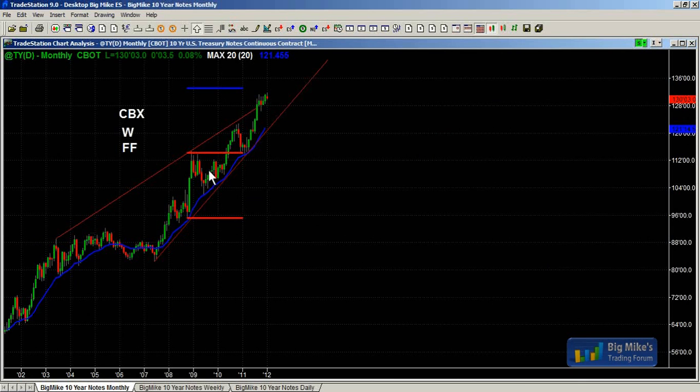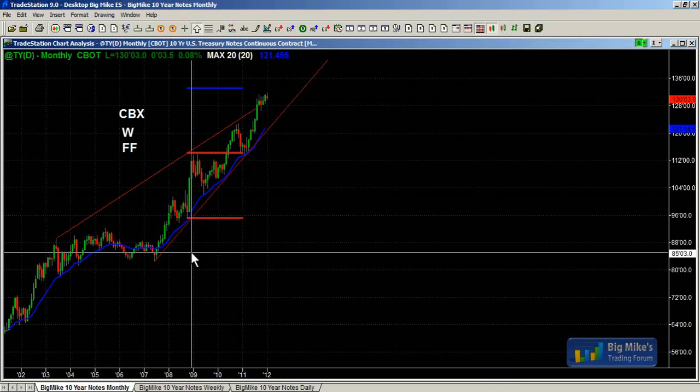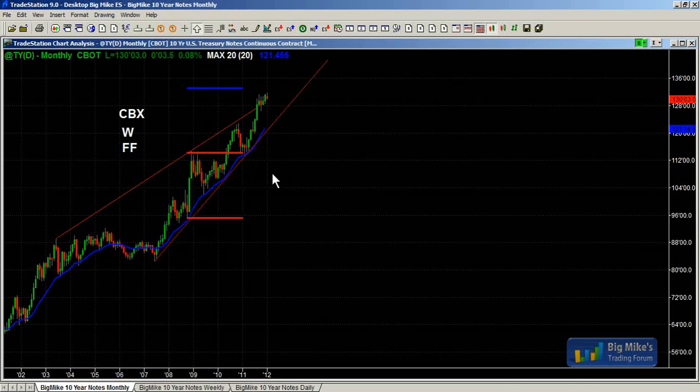So this is a spike in channel, and it has a wedge shape starting both in '08 and starting back here in '03. So I think that the notes are on the verge of a multi-year top. It hasn't triggered yet, but I do think notes are topping out.